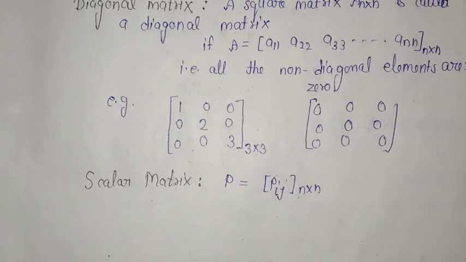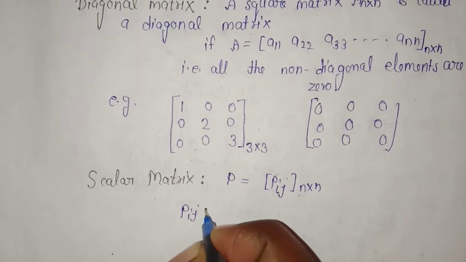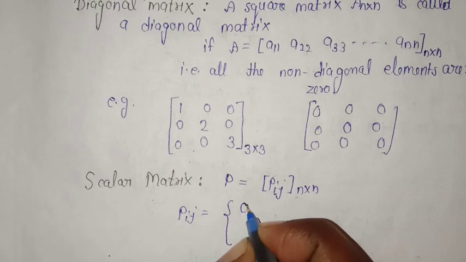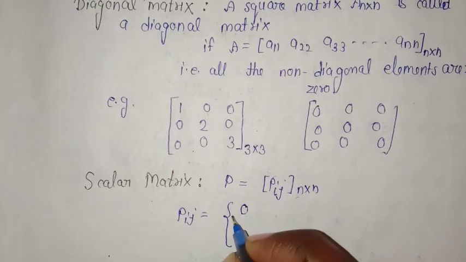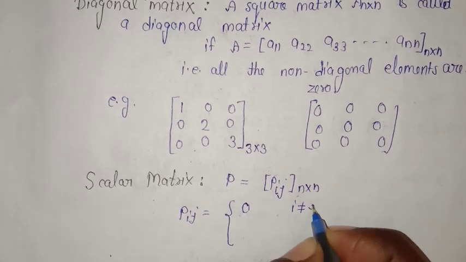Now if we want to describe the scalar matrix, we can define it like this: all the non-diagonal elements will be 0 in this case also, that is Pij equals 0 when i is not equal to j.